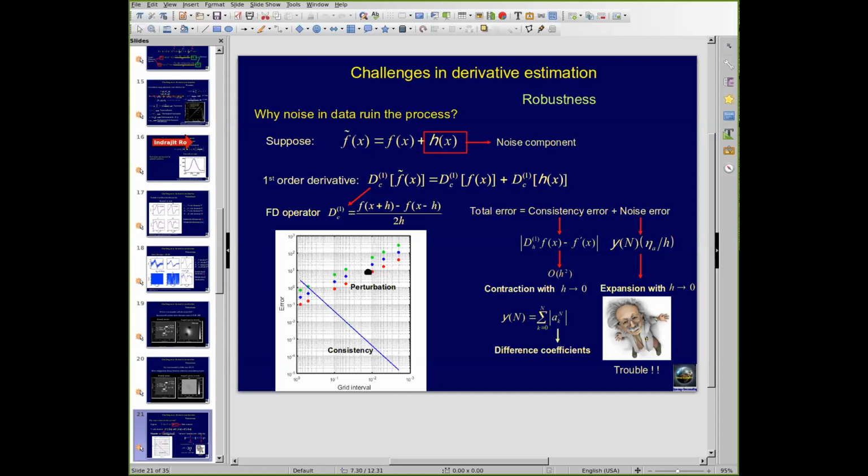That's what is happening, and that's what we saw: when the grid interval becomes larger, things become improved. So that is the biggest problem. You cannot measure on a finer grid interval, where noise becomes important. But if you do that, then you have to ensure robustness in the computation or estimation of the derivative.